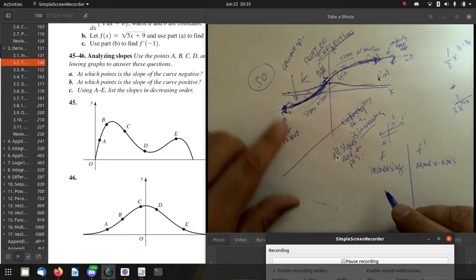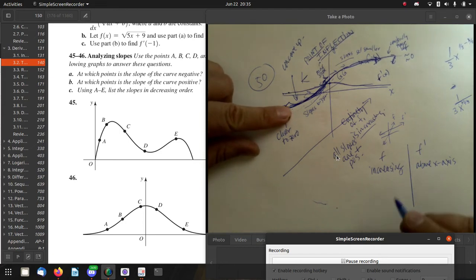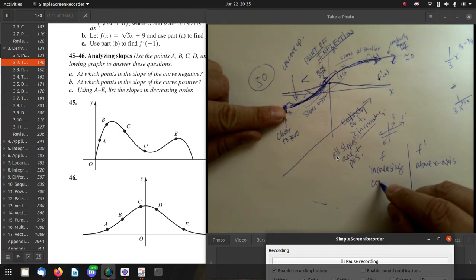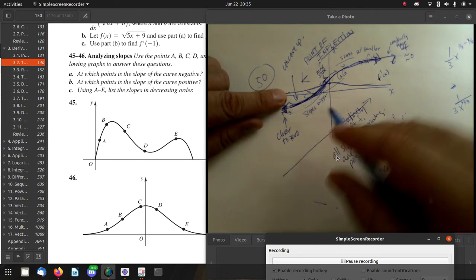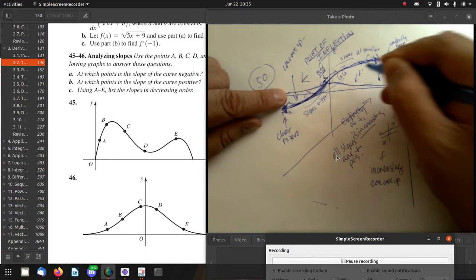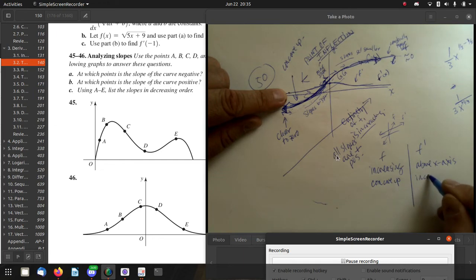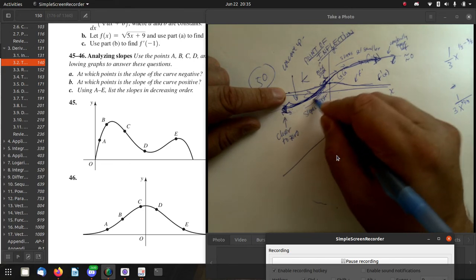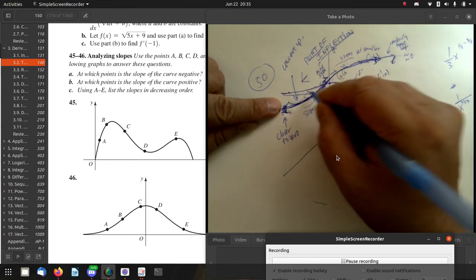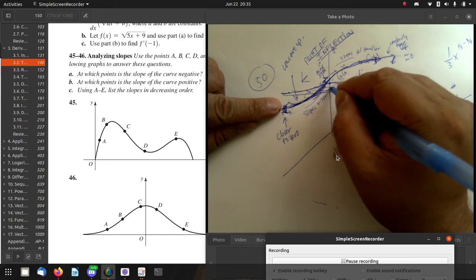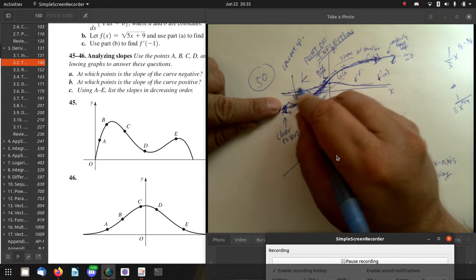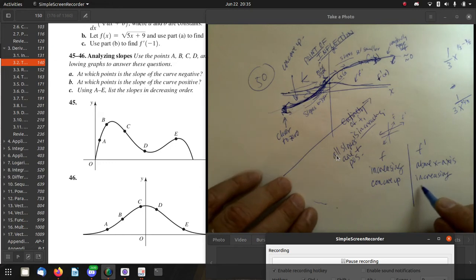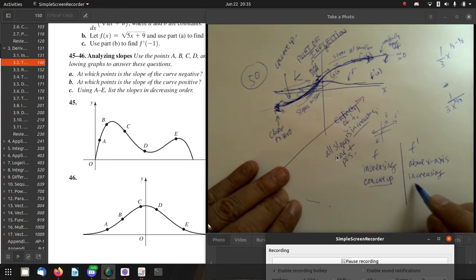And so when f is concave up, we notice that f prime, this graph here, is increasing. And that makes sense because we talked about how the slope down here is lower and the slope here is higher. That's a lower value, that's a higher value. And so when f prime increases, that means that f was concave up.